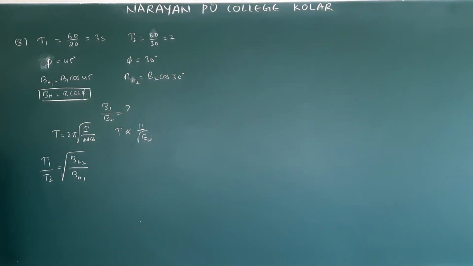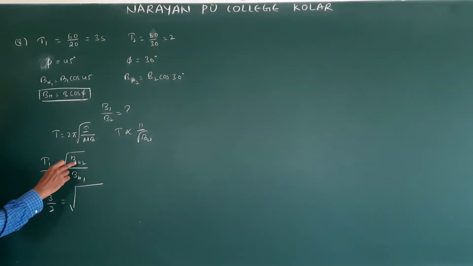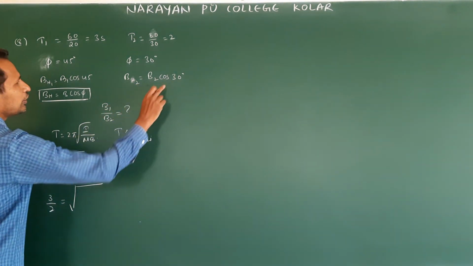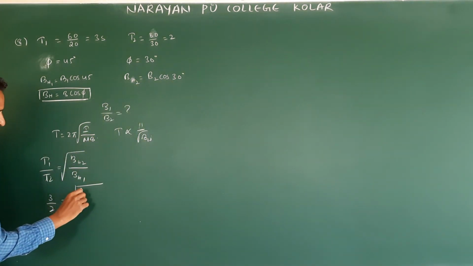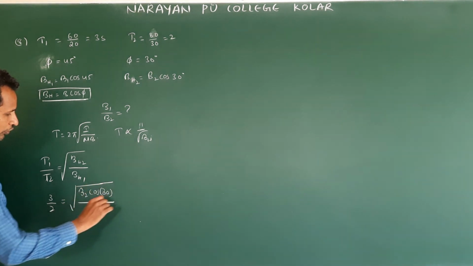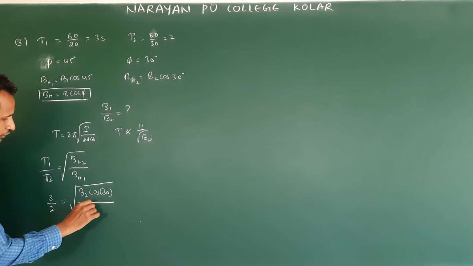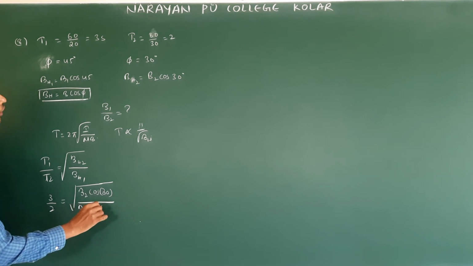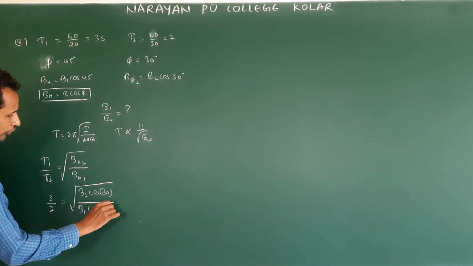Inversely proportional. Then what are T1 and T2? We are squaring on both sides, or we will keep it like this, no problem. T1 by T2, T1 is what? 3 by 2 under root. What is B2? BH2 is B2 cos 30, and this is B1 cos 45.